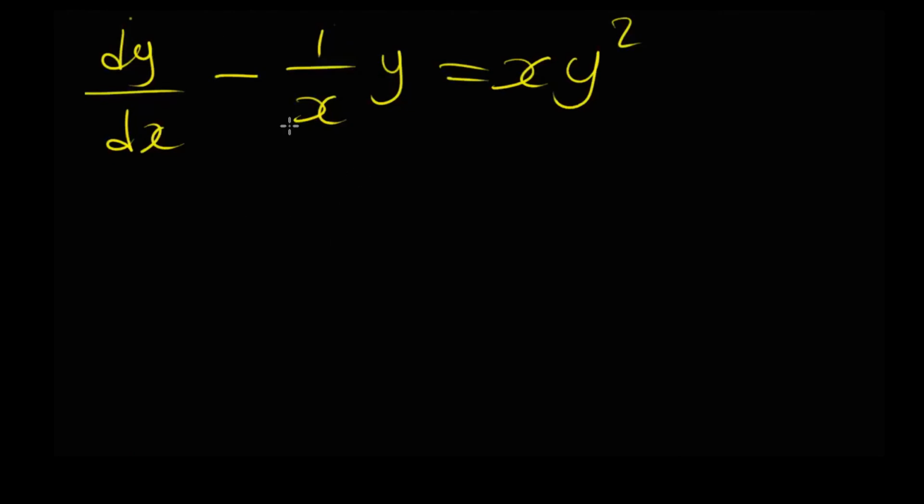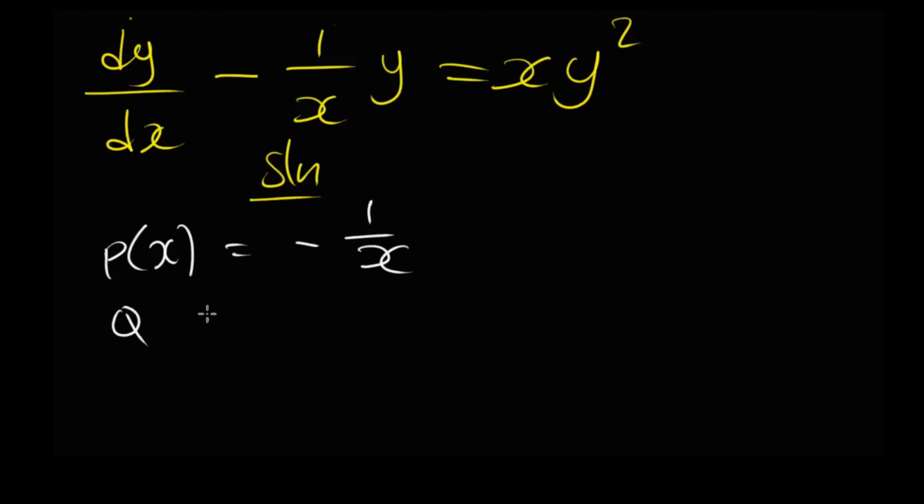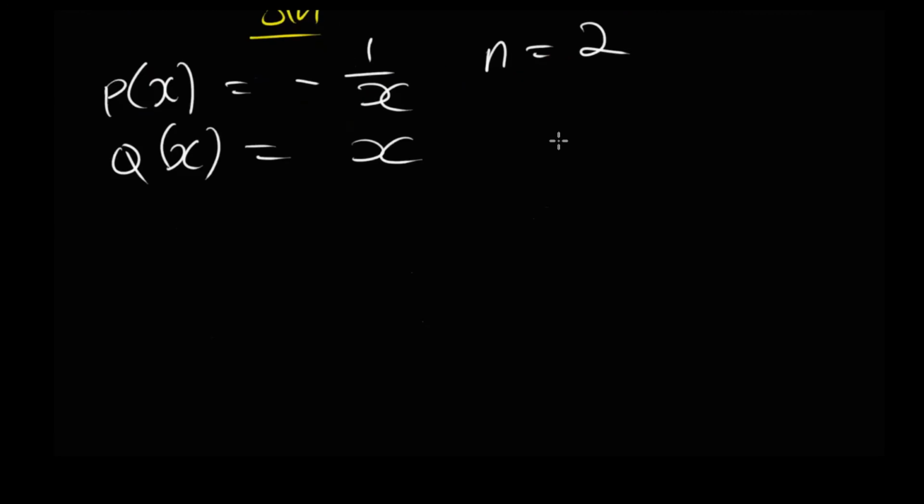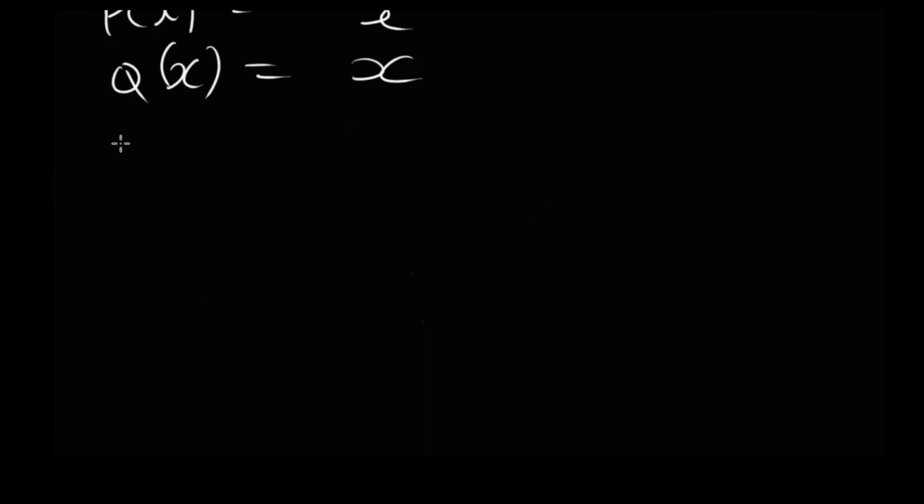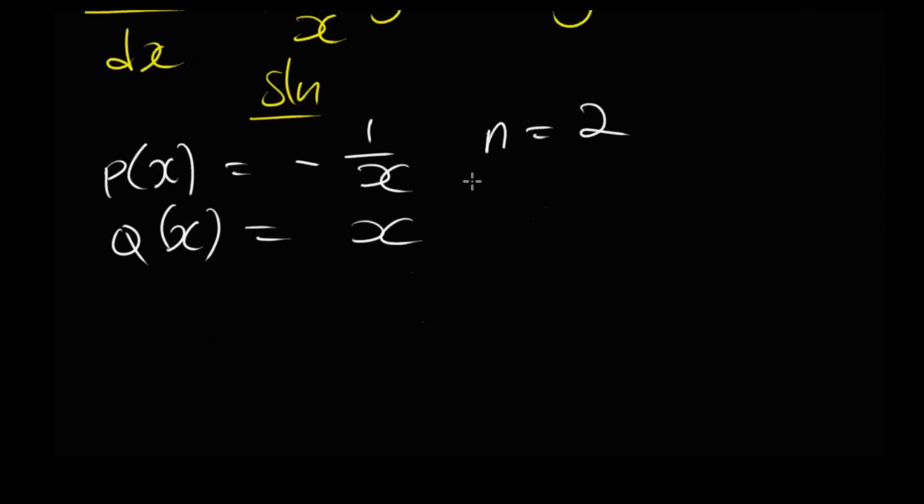On your solution, you identify p of x, which is this, q of x is this, and your n is 2. Right? Yes. So this is the first step.